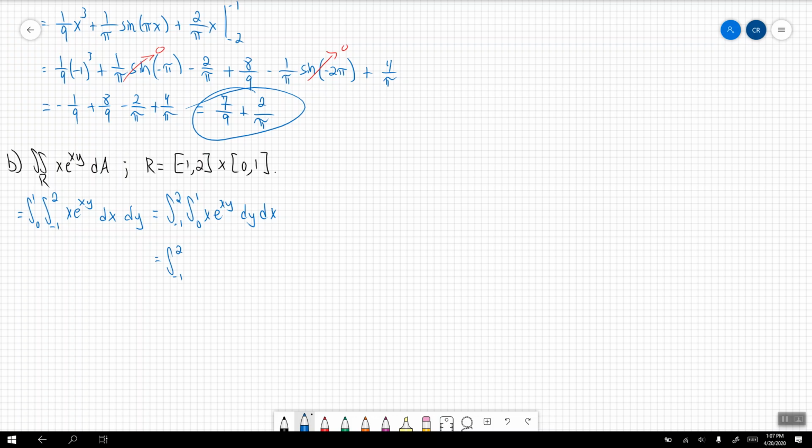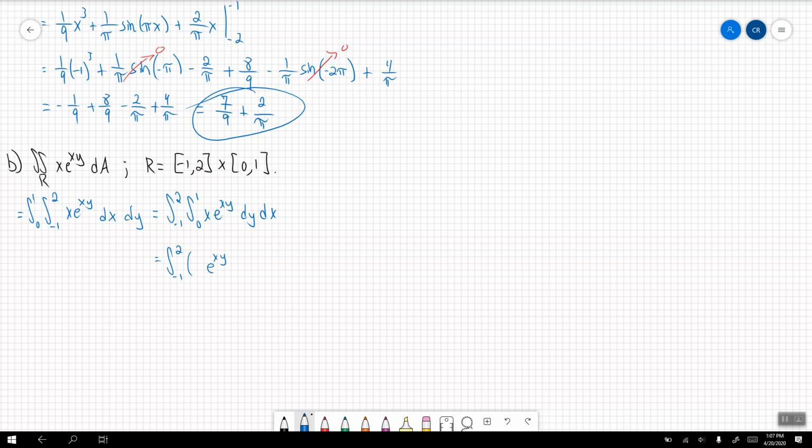All right, well, let's see. If all of my x's are now constants, this is a constant, this is a constant, which means I'm just integrating e to the power of xy, but x is a constant. So when I do this, this is now going to leave me with e to the power of xy.